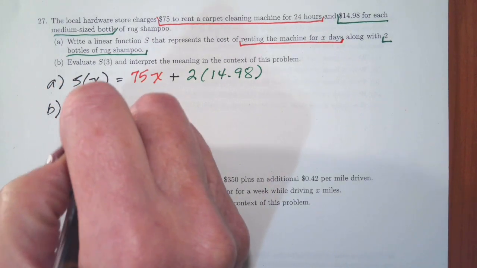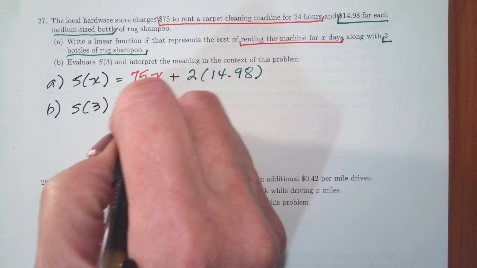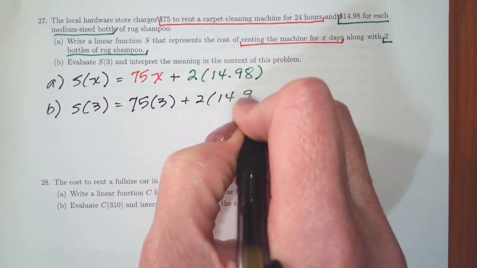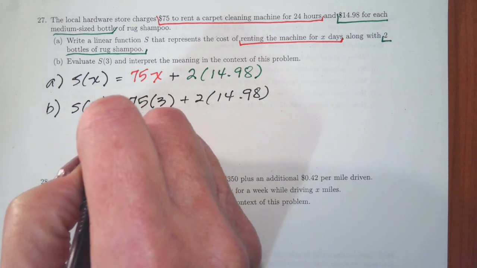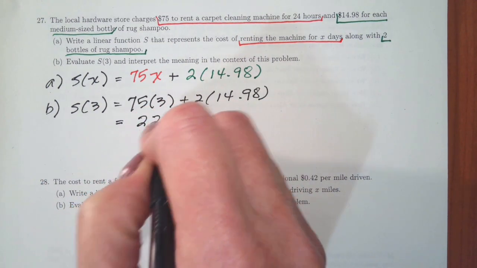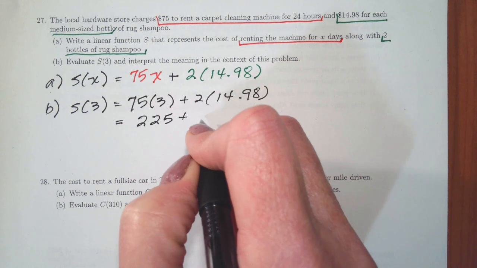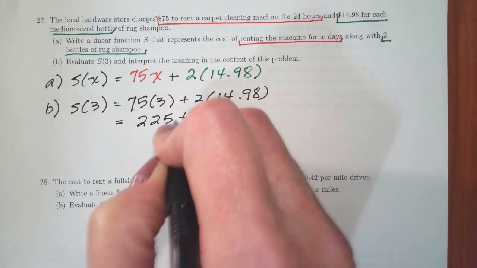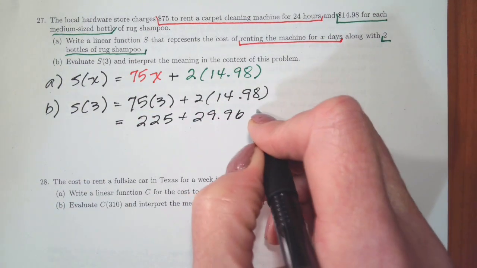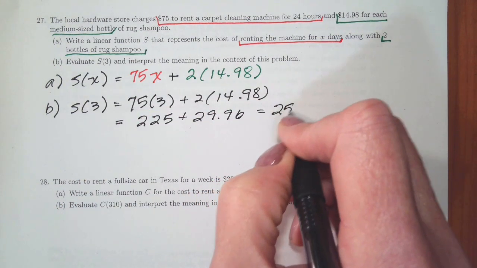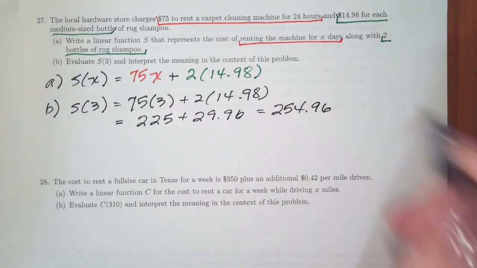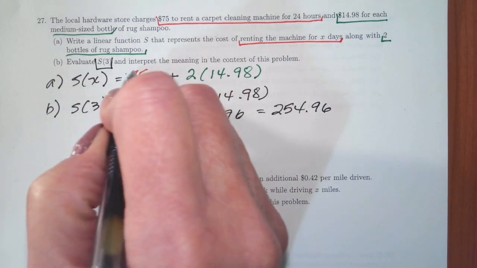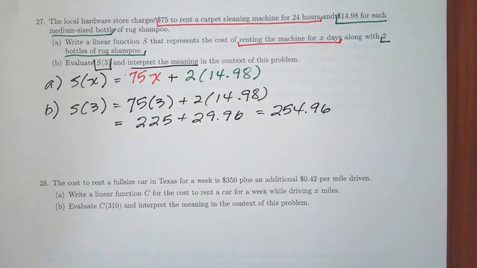So S of 3 is just going to be 75 times 3 plus 2 times $14.98, which is $225 plus $29.96, which is $254.96. Okay, now I've done that, evaluate, and now I have to interpret the meaning.